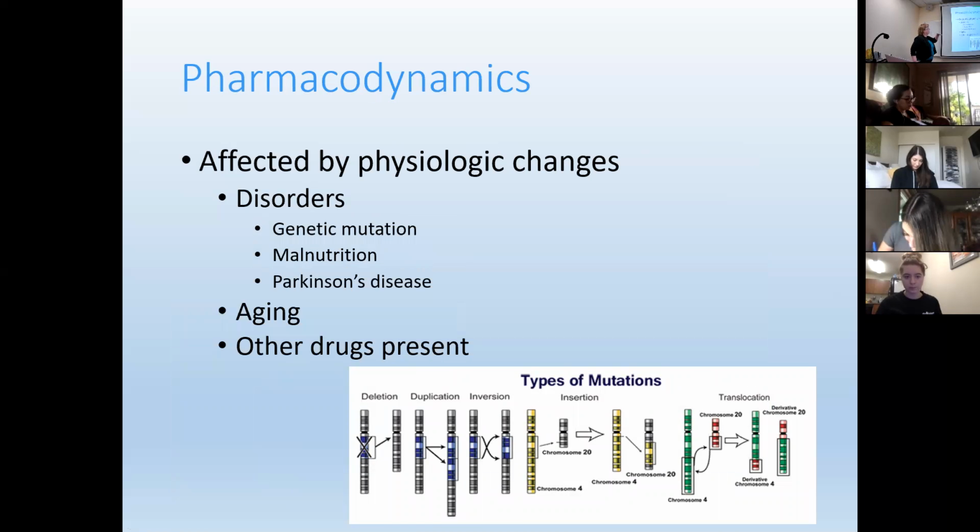Okay, so still with pharmacodynamics, the pharmacodynamics are affected also by the environment it's going into. So there are certain kinds of diseases, mental health issues that are a cause of genetic mutations.